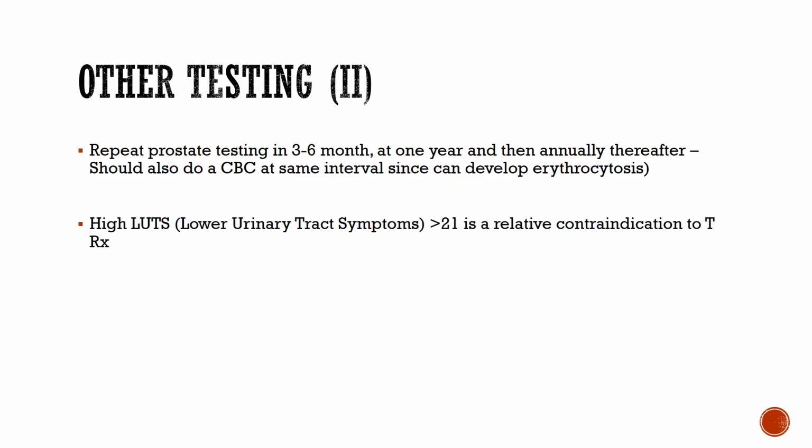If you have somebody who has a lot of lower urinary tract symptoms, up at night a lot, difficulty starting their stream, you're probably familiar with the LUTS scale. If that LUTS score is greater than 21, that's really a contraindication to testosterone treatment. You're going to want to get that addressed first with either medication or surgery.